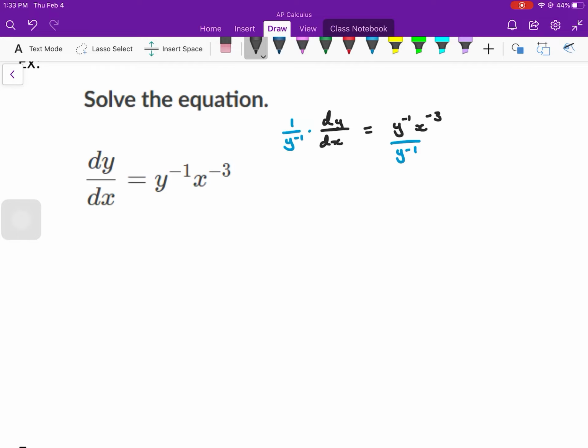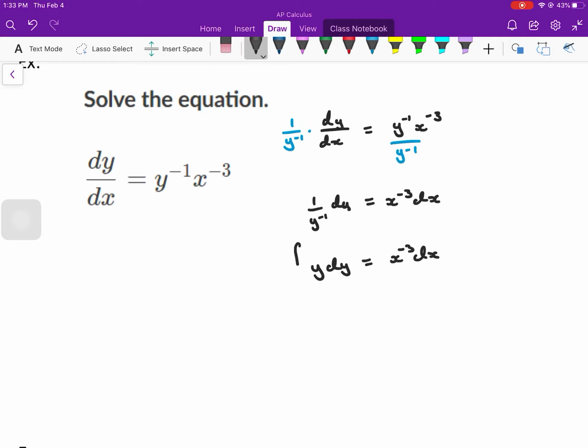And so I will have 1 over y to the negative 1 dy, and then I'll multiply that dx to the other side. Now I don't want that y in the denominator, so I'm going to bring it up to the numerator. So it just becomes y dy equals x to the negative 3 dx.